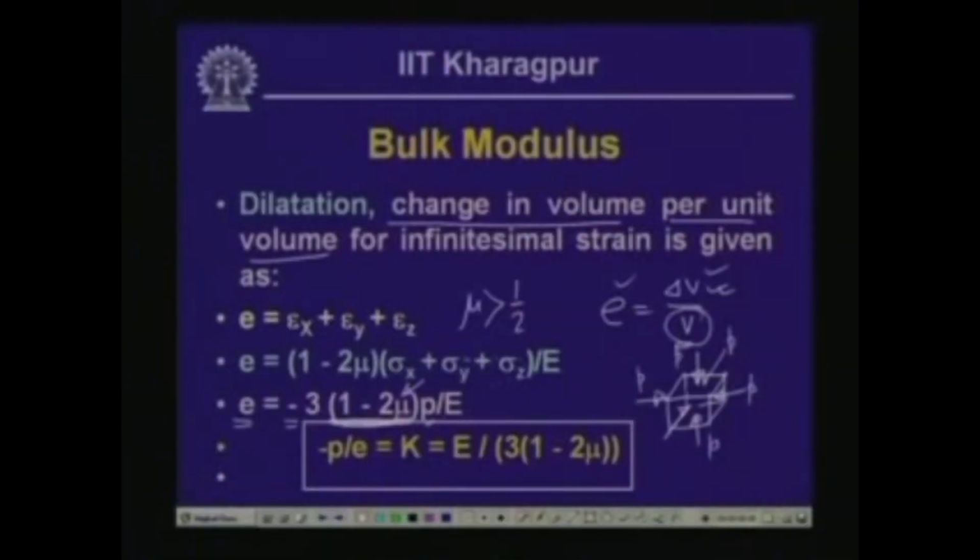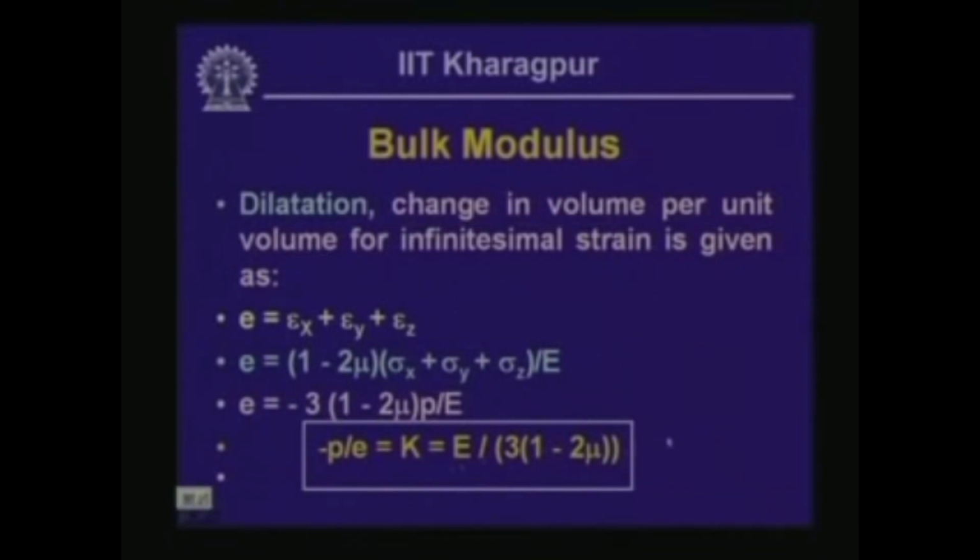So, the maximum value of mu that you can have is half. As we have stated earlier also, the maximum value of mu is equal to 0.5. Well, these are the 3 questions that we had, and these are the aspects we discussed in the previous lesson. If you go through the previous lesson, you should be in a position to answer these questions.